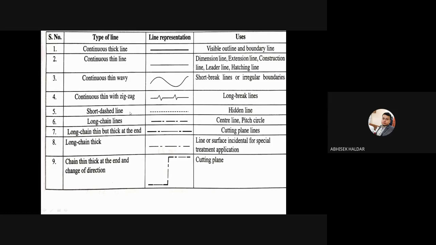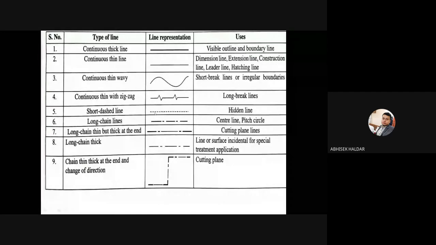Next two lines are very important, 5 and 6, mostly used. Short dash line, or simply the dash line, it is called. You can see dash, that means a line, then one gap, then again a small line, then again a gap, just like a dash. This type of line is a hidden line.